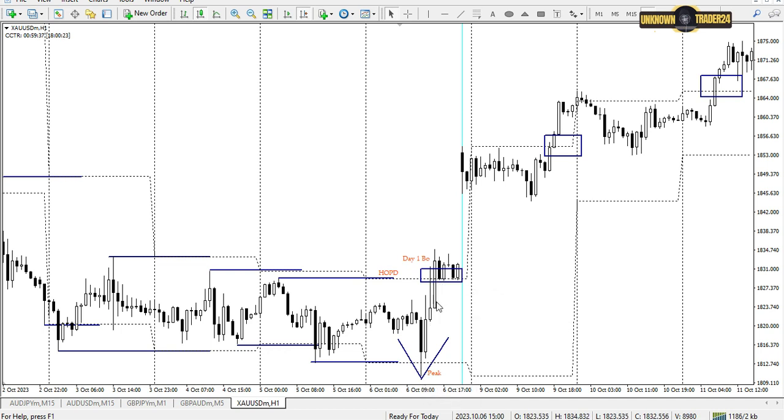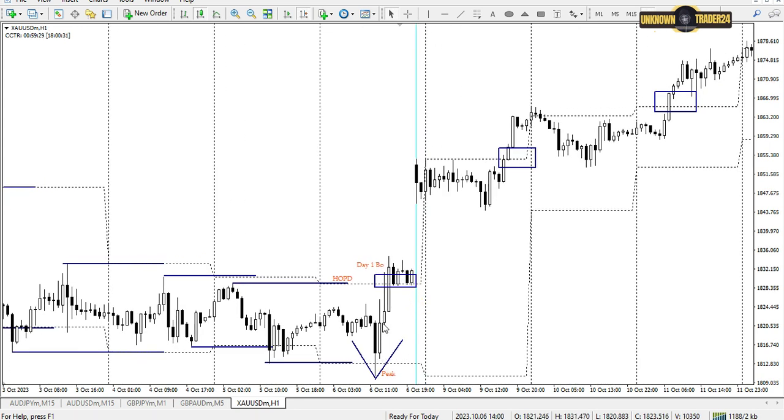Some green days will be inside days, therefore we will start counting the moment they broke the high. It doesn't matter. Say for instance, if this day closed here, it was going to be a first green day, however it was not going to be a first day of breakout traders, so we were not going to mark it as day one breakouts. Why? Because it would not have broken the high of the previous day, which is highly important, okay?